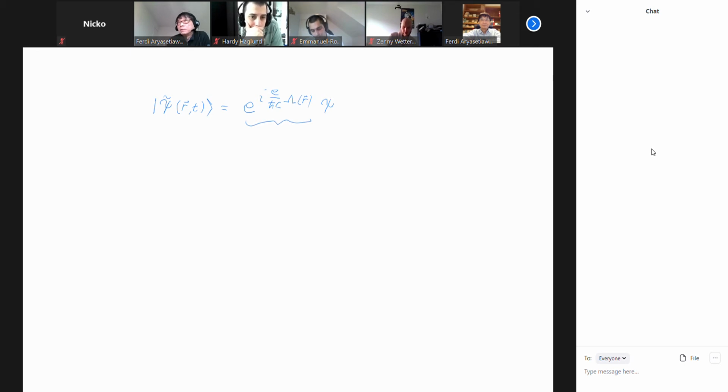And so it should also apply to an arbitrary wave function, because I can always expand an arbitrary wave function in terms of the eigenstates of the momentum. So this is also true for an arbitrary wave function. This is the final result we get.